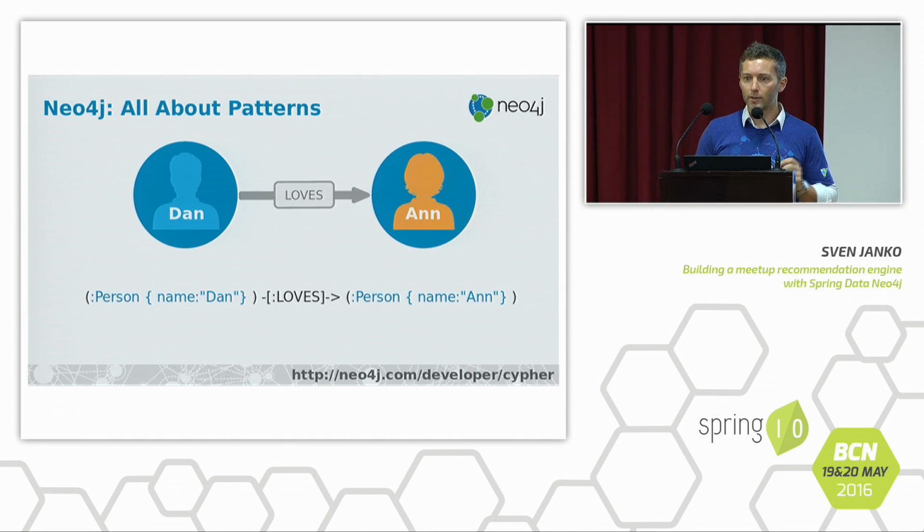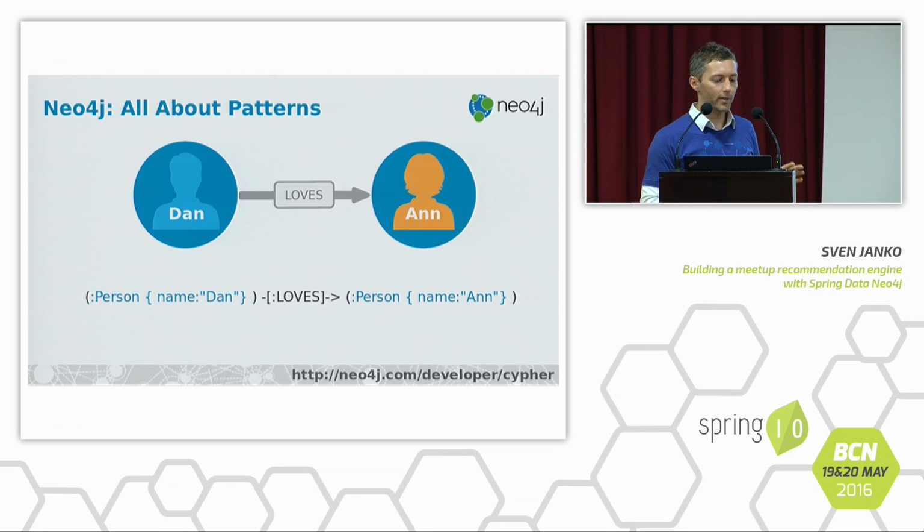So in fact, that's all about patterns. We've seen a node, a relationship, and another node. And we now need some way to transform that into a query. And we use Cypher for this, which is a query language in the form of ASCII art notation.